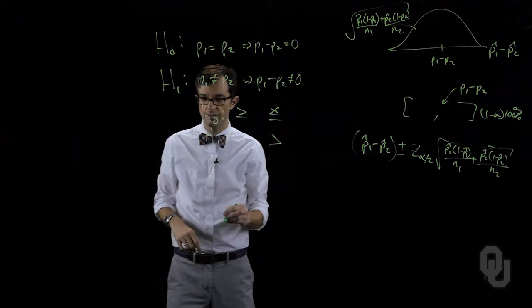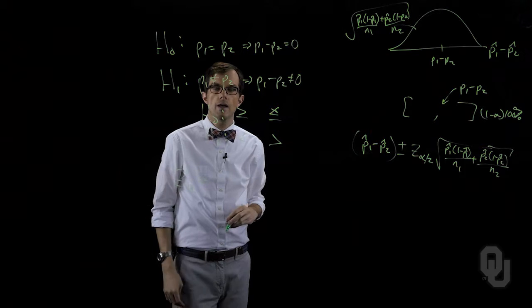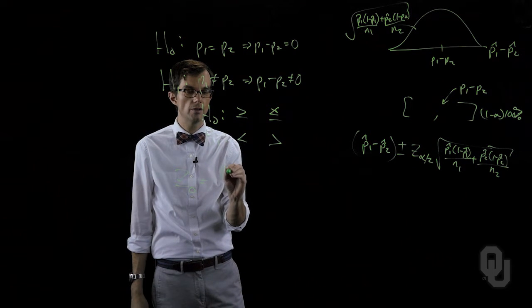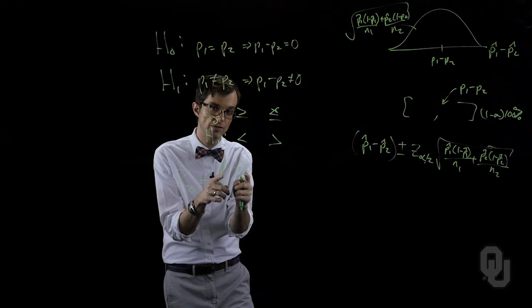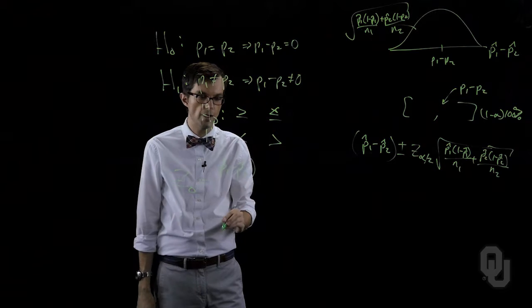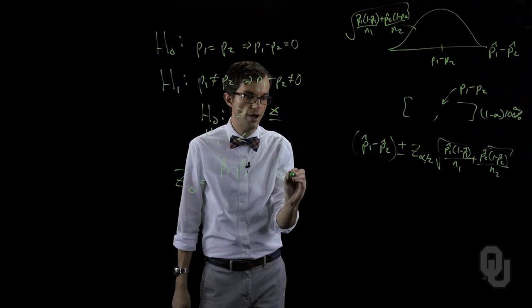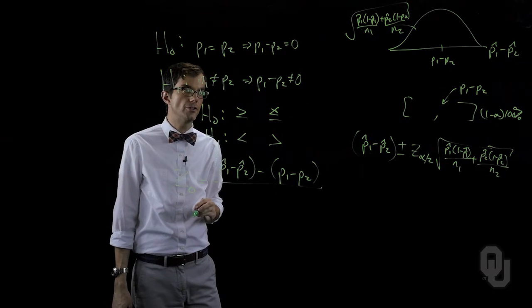And so what would our test statistic here be? Our test statistic is a z statistic, and same setup as always. It's how different is the sample evidence. Okay, here's our sample evidence for the difference in proportions based on our sample. How different is the sample evidence from the hypothesized situation in standard deviation units?